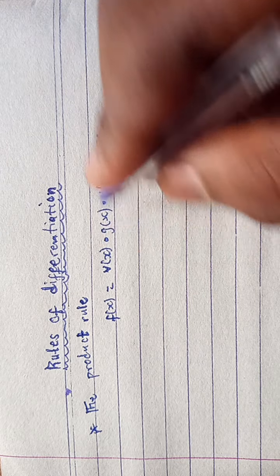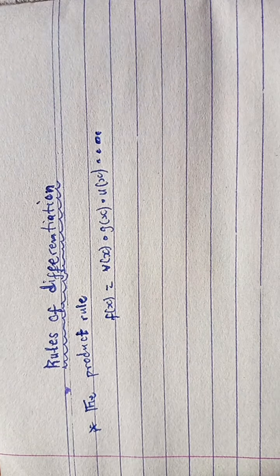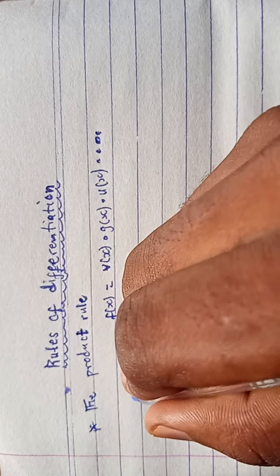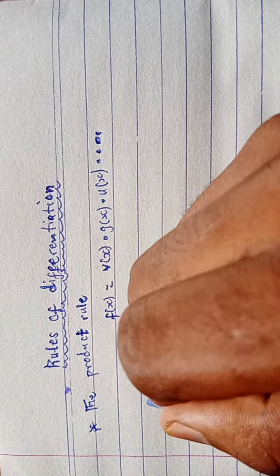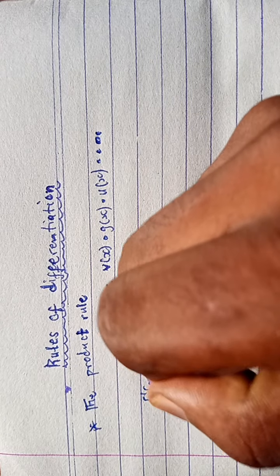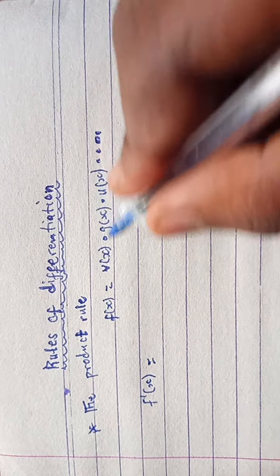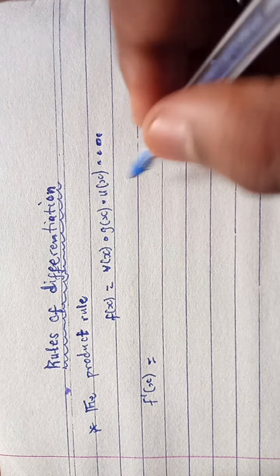To differentiate this, f prime of x is equal to: you differentiate one function and maintain the rest.